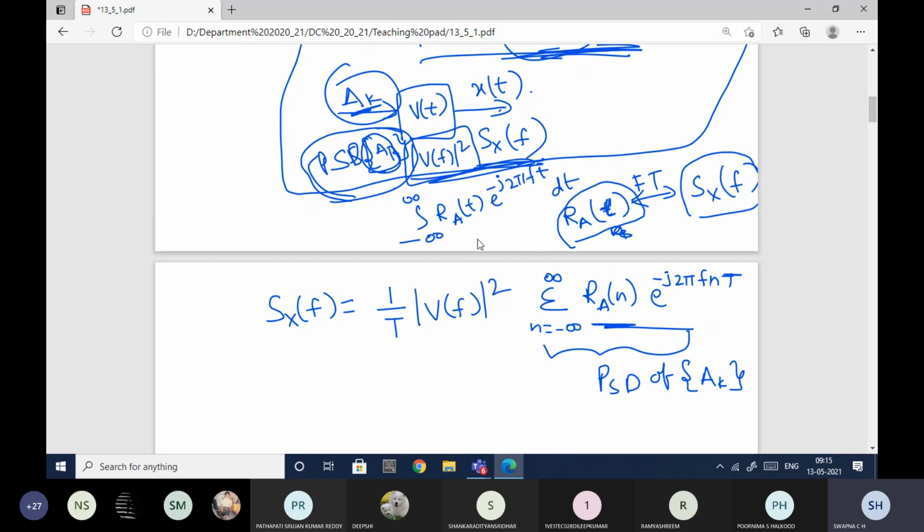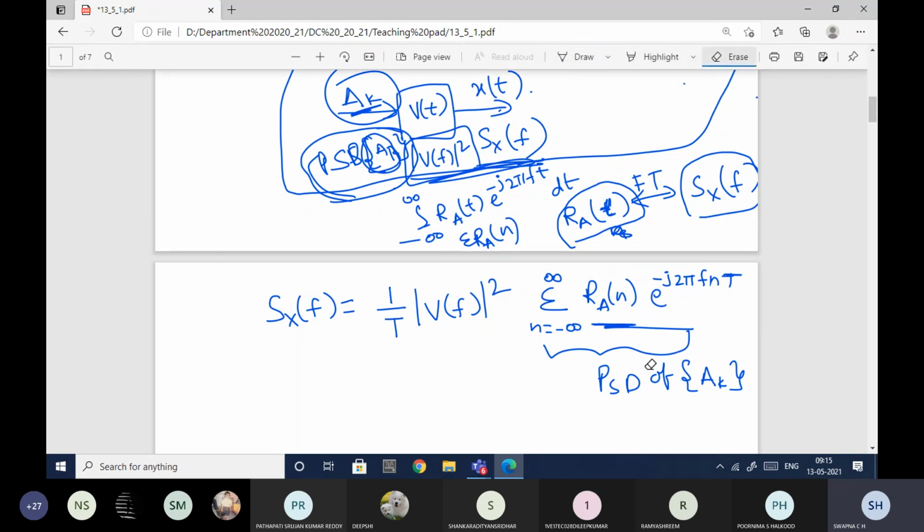But since Ra of n is a discrete signal, I cannot take integration; I need to take summation. So this is the standard equation that we use to calculate the power spectral density of the signal x of t.